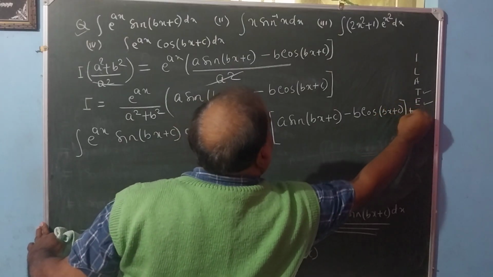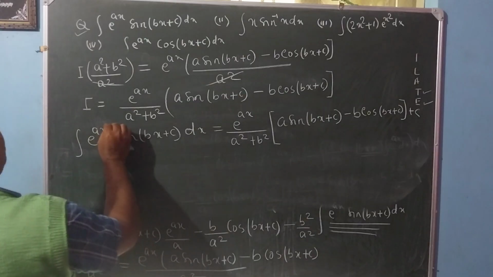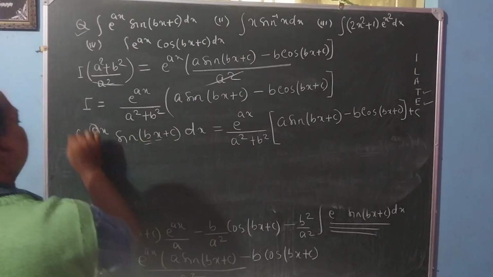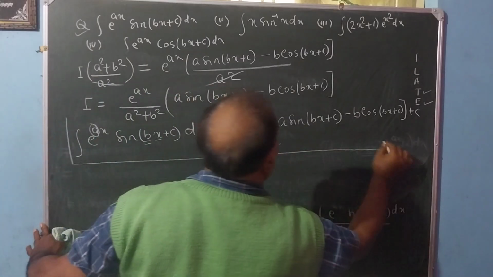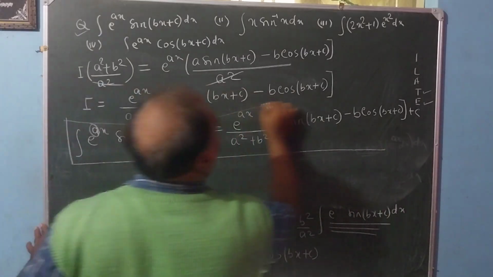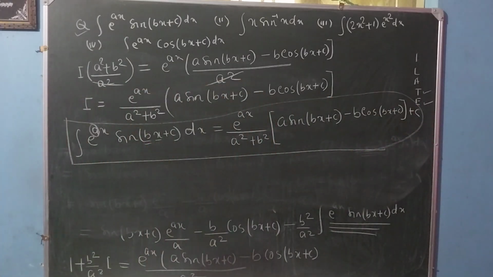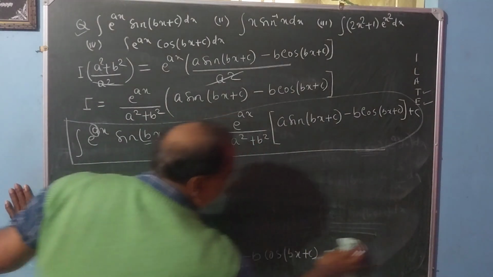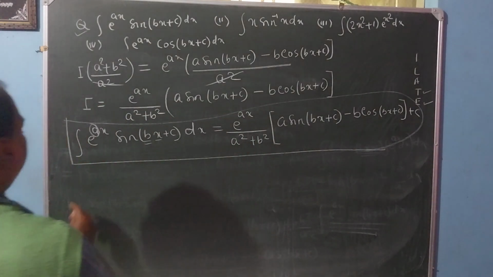This is the answer. The coefficient of x is a here, and b here. This is one formula you have to remember. So apply the formula. How can you integrate some example? So write down one example.